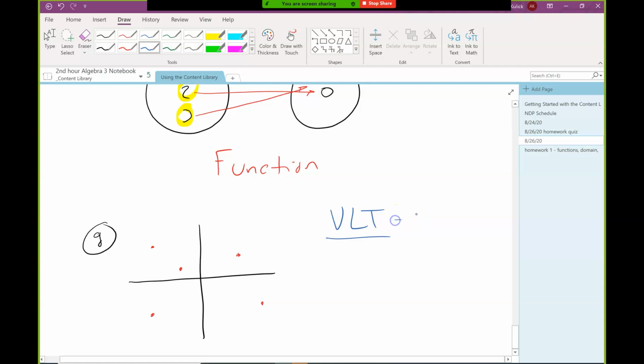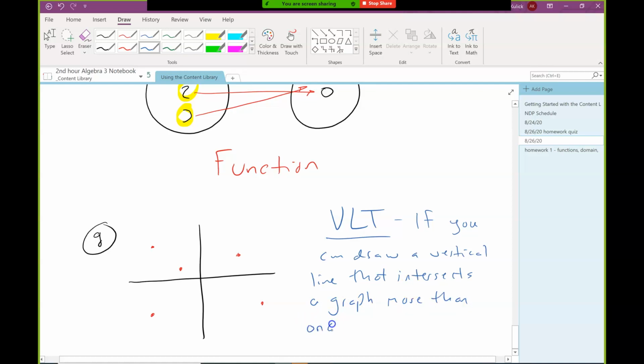And this says, if you can draw a vertical line that intersects a graph more than once, that graph does not represent a function.